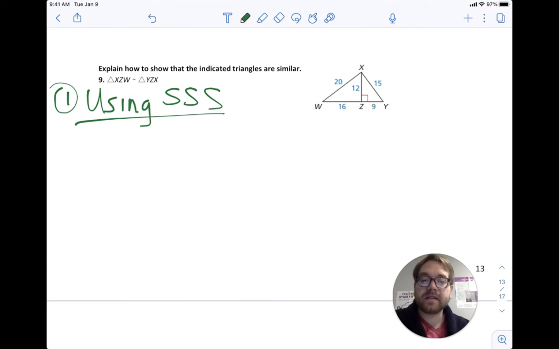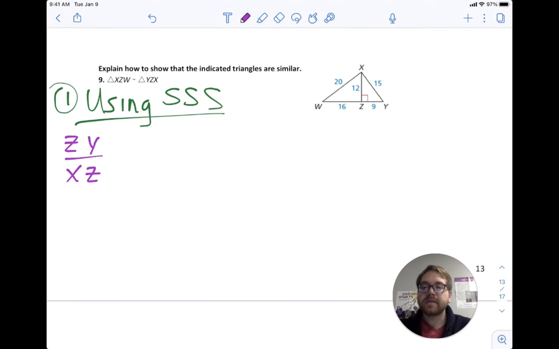So if we're looking at all three sides of the triangle, and we're trying to use that theorem to determine if these triangles are similar, we need to show that all of the sides are proportional. They have the same ratio. So I'm going to want to match up the corresponding sides and look at their ratios between each other.